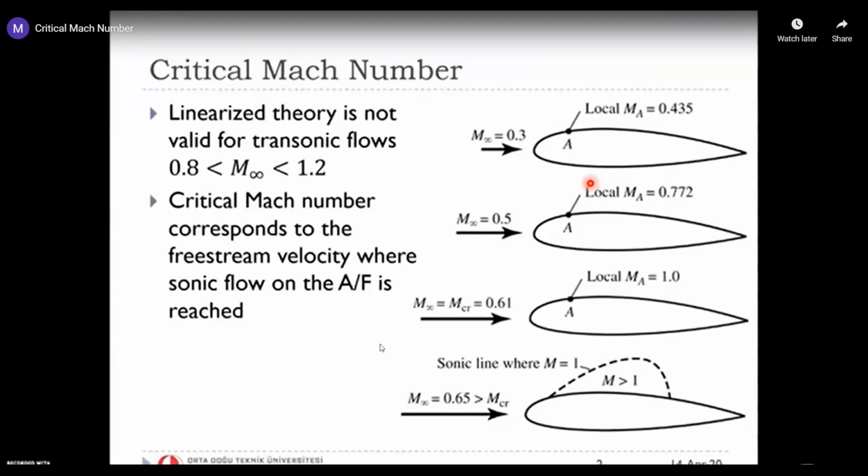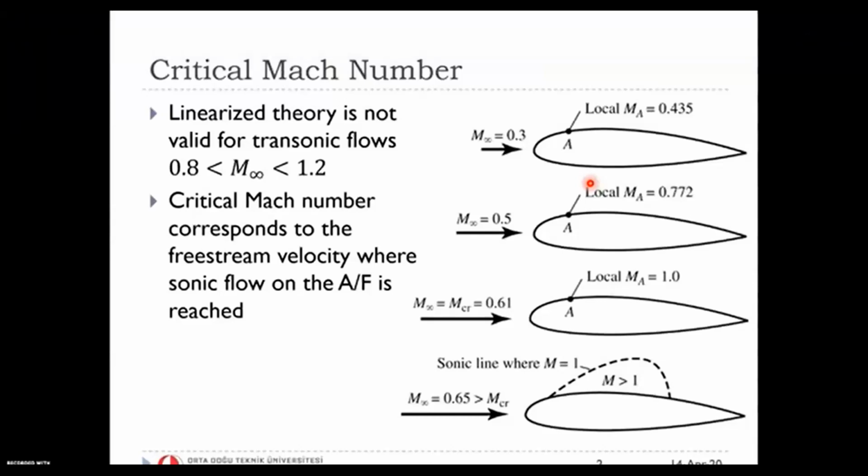So let's start. In the sections we covered, we derived a linearized theory that's applicable in compressible subsonic flows, but you may also remember that I said at some point this linearized theory is not valid between free stream Mach numbers 0.8 and 1.2, and this range of Mach numbers is also known as the transonic flow regime.